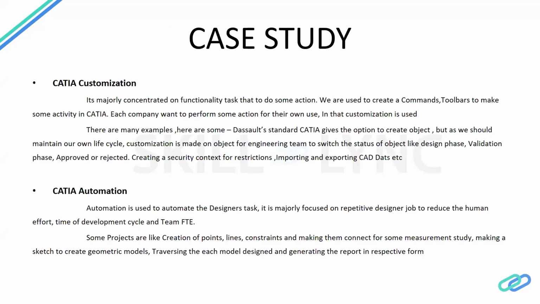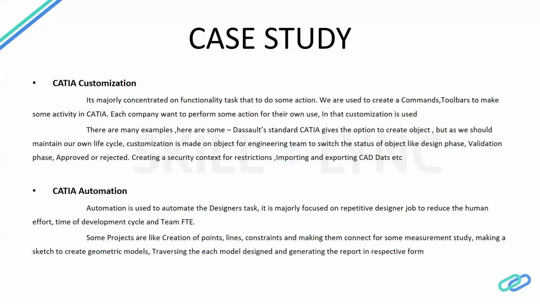In this slide, I would like to share what CATIA customization is and what CATIA automation is. I will give you an example like sketching. If I want to create one line, I need 2 points and a line to join them. When doing drafting, I will mark the 2 points at the two corners and join the line.